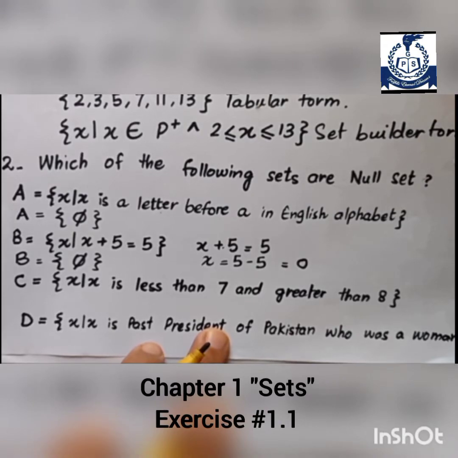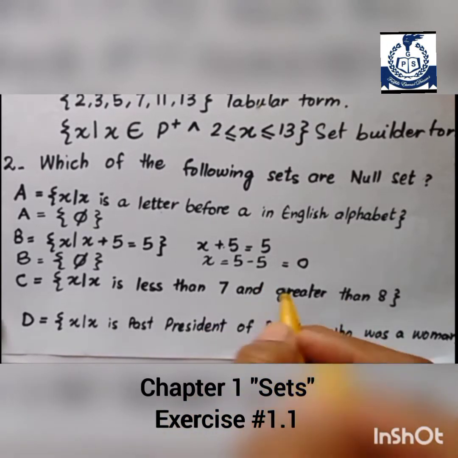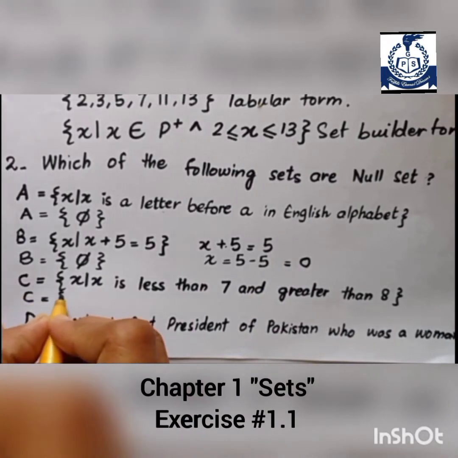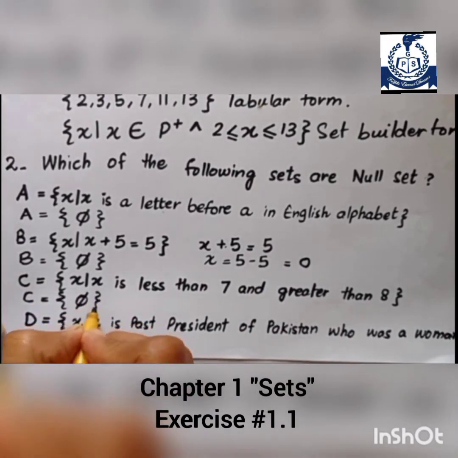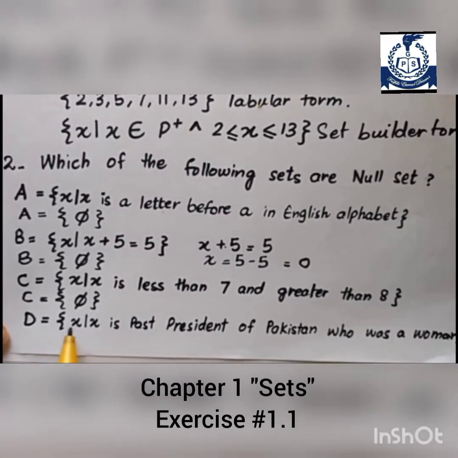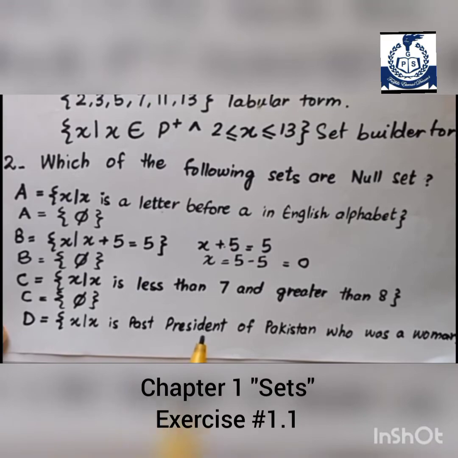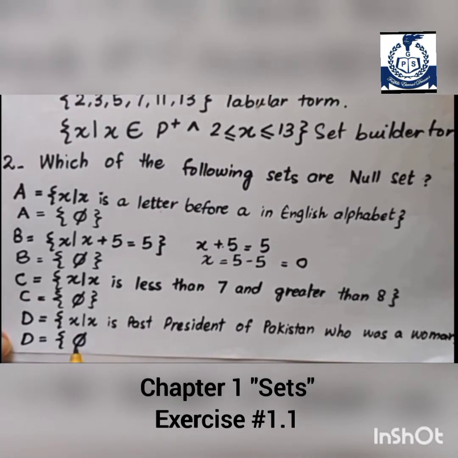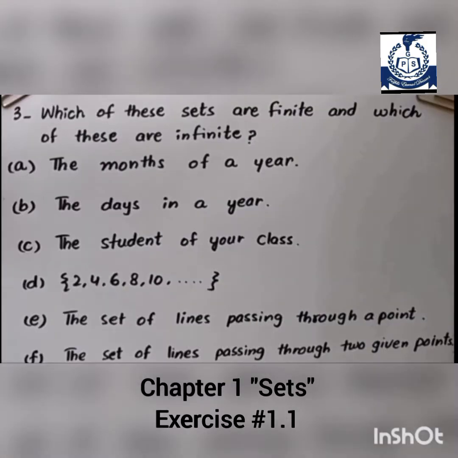And numbers which are greater than 8 means 9, 10, 11 and so on. So this is also a null set because we don't know the limit of numbers greater than 8. Part number D is X such that X is past president of Pakistan who was a woman. So there is no woman in the past who was a president. So this is also null.